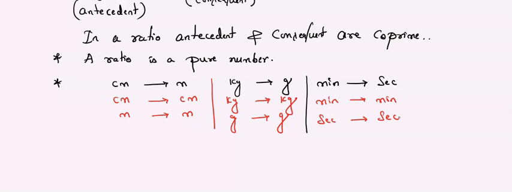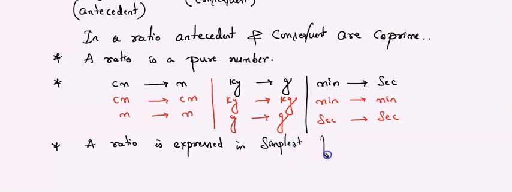Dear students, a very important point: a ratio is expressed in simplest form. जितना हो सकता है आपको उसको रेड्यूस करके सिंपलेस्ट फॉर्म में लिखना है.